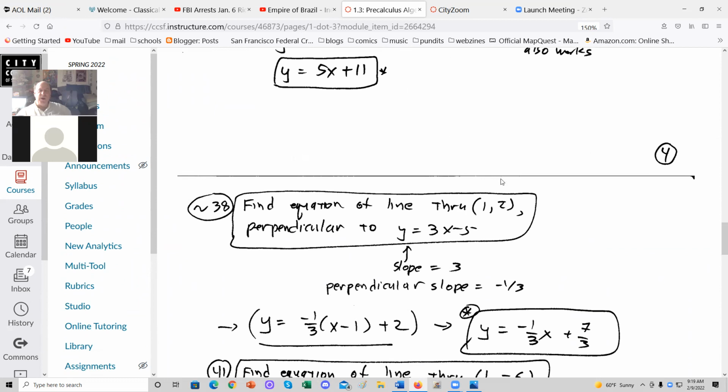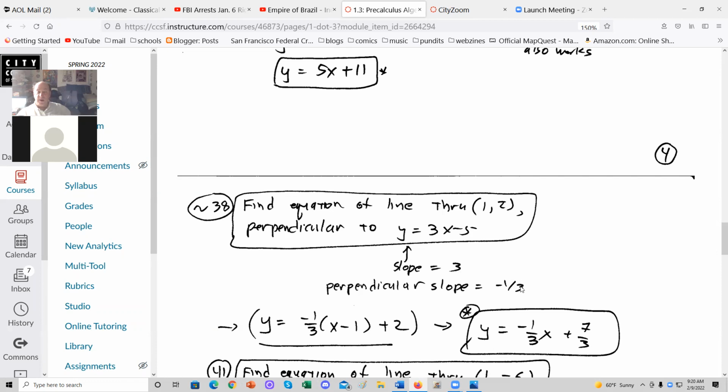Here we ask for the equation of a line through the point 1 by 2 and perpendicular to a line with equation y equals 3x minus 5. All right, this line, y equals 3x minus 5, has a slope equal to 3, as given by the slope-intercept formula. Now, perpendicular implies a negative reciprocal slope. Negative reciprocal of 3 is minus 1/3.